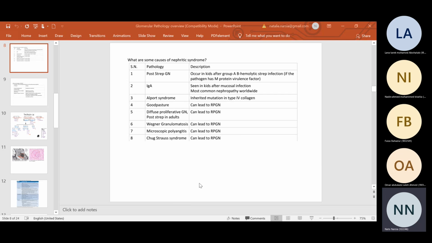You can memorize it like this. The child has hematuria and all the classical clinical symptoms we mentioned in the beginning: hematuria, oliguria, hypertension, periorbital edema. All right, that is really important, guys.